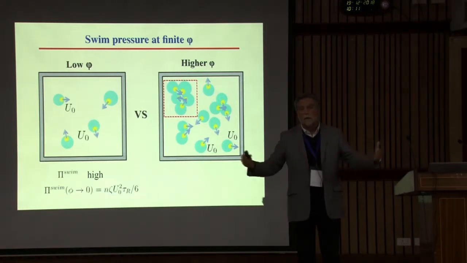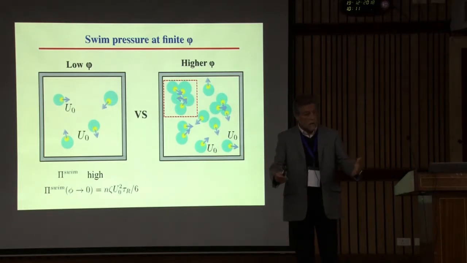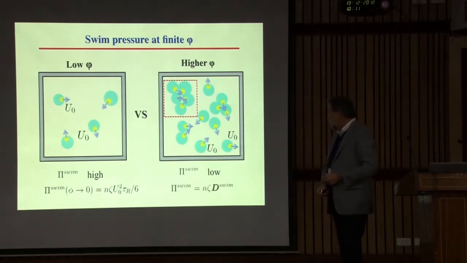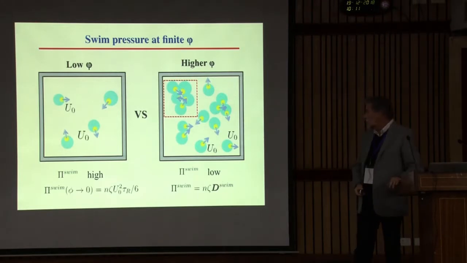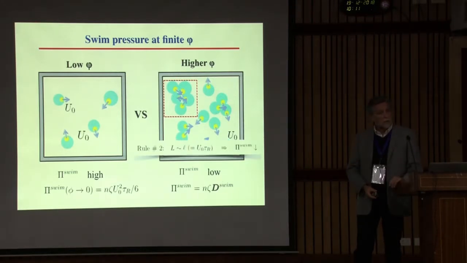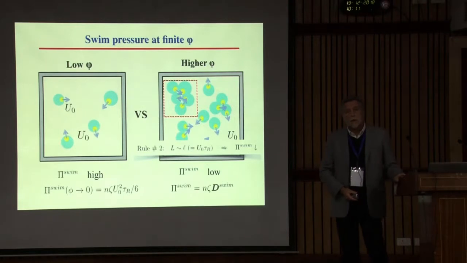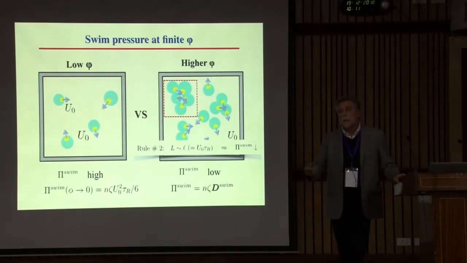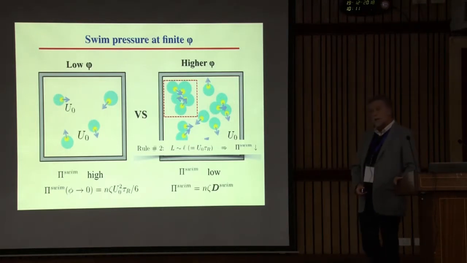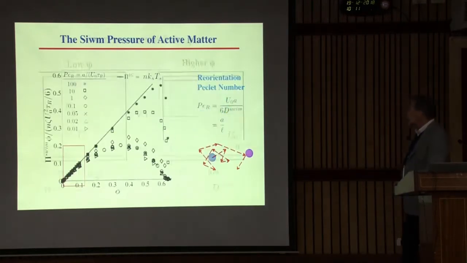So rather than being confined by the walls, I'm confined by my neighbors. As a result, the diffusivity is low, the pressure is low because rule number 2 is active. Now the confinement comes not from the boundaries, but from running into one of my neighbors, and that confines my pressure.